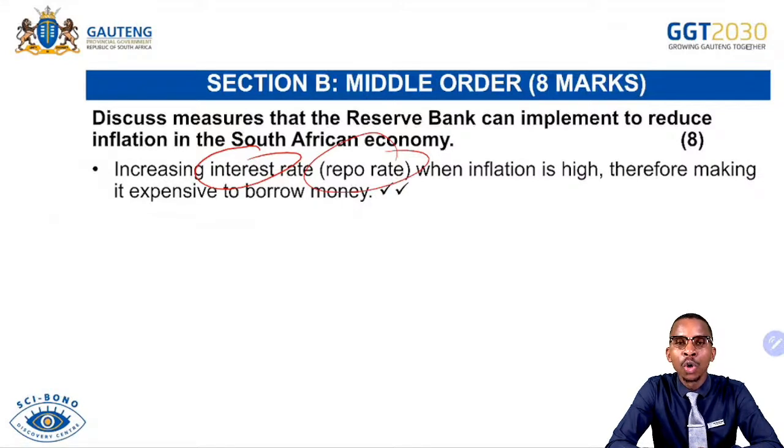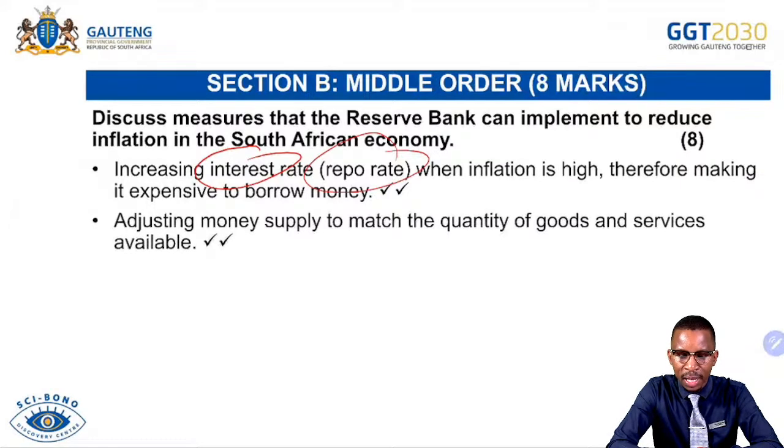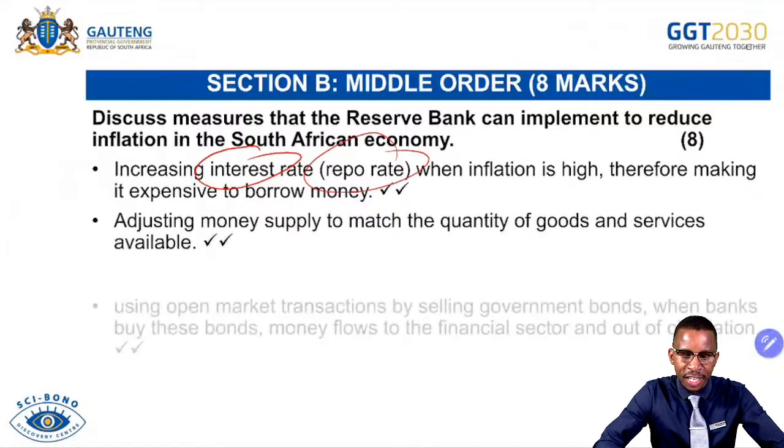That will lead to loans becoming expensive for households and other clients. Then the level of credit will decline, money supply will decrease, and there will be less demand for goods and services. And then we know that this is always there to adjust the money supply, because it decreases money supply in the economy in case interest rates have been increased.